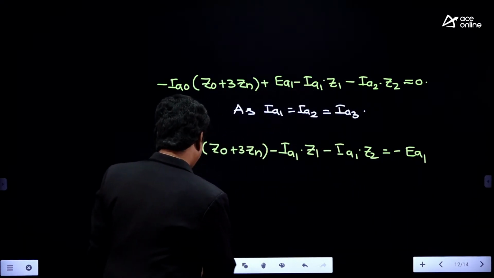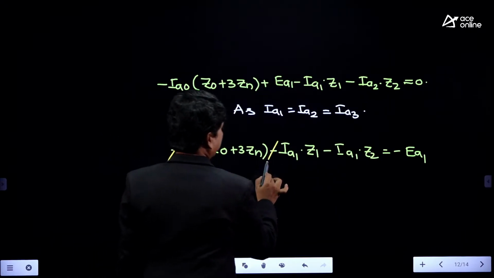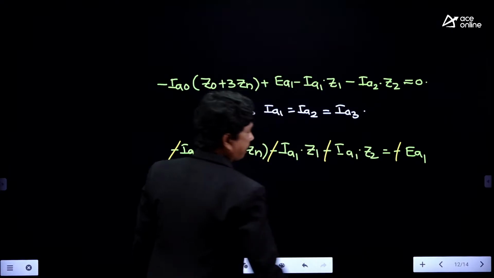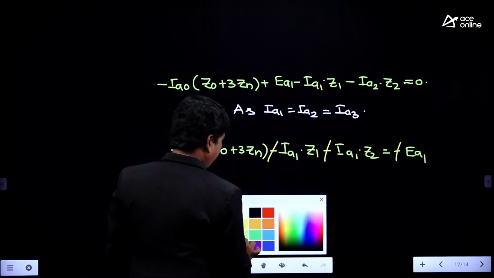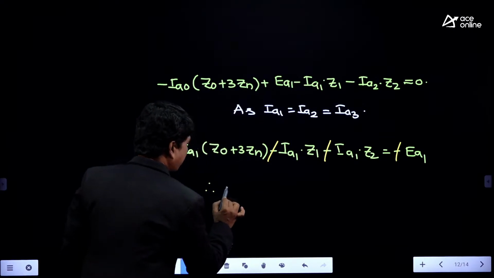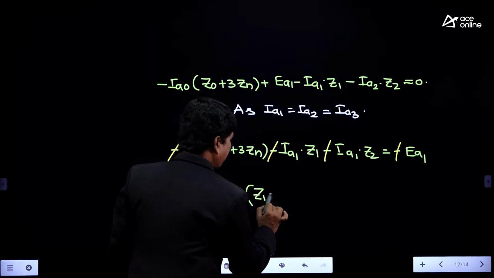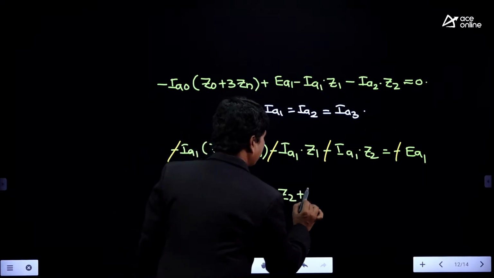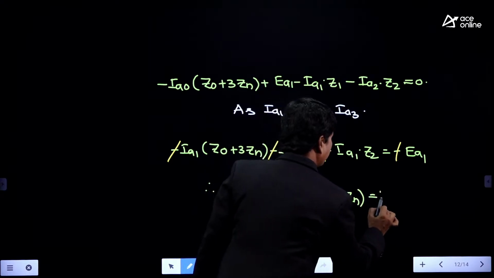So all the minus signs will become plus. Clear? Therefore, you can take IA1 outside and add all the remaining terms. So it will be Z1 plus Z2 plus Z0 plus 3Zn is equivalent to EA1.